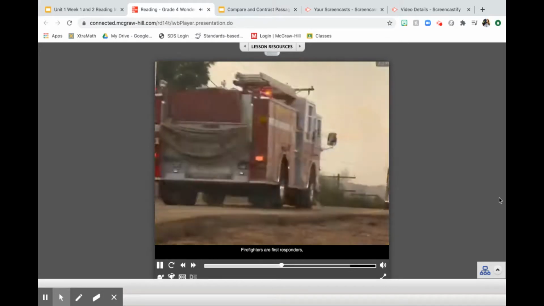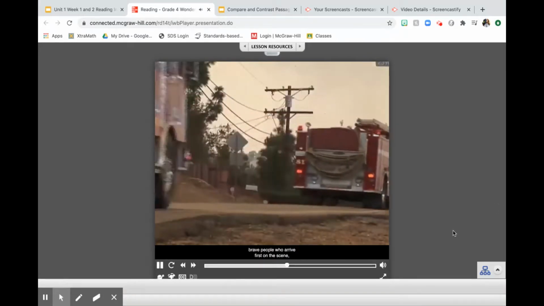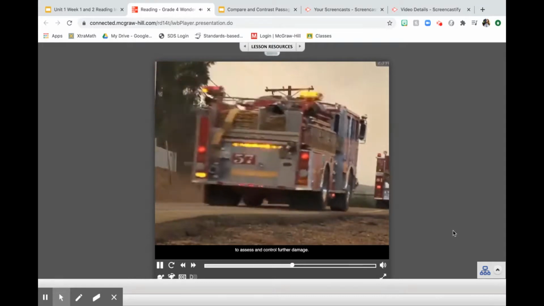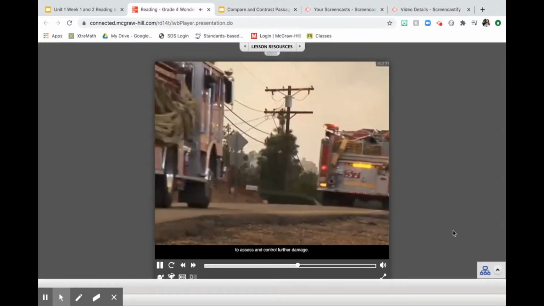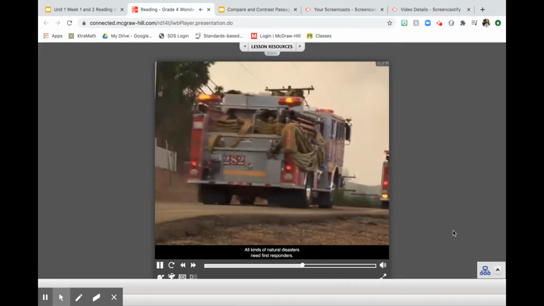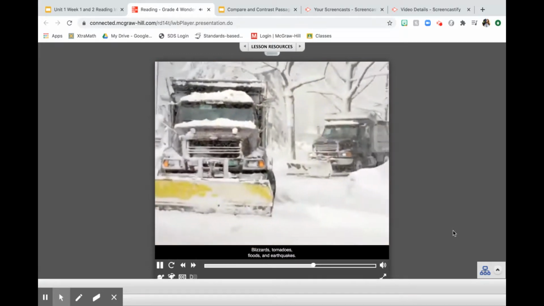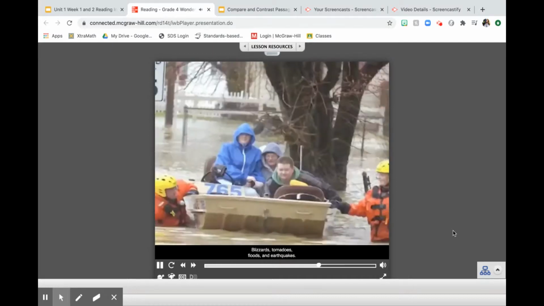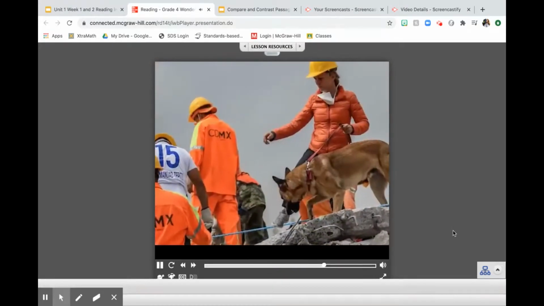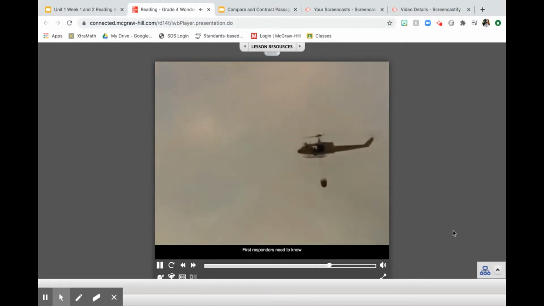Firefighters are first responders, brave people who arrive first on the scene to assess and control further damage. All kinds of natural disasters need first responders. Blizzards, tornadoes, floods, and earthquakes. First responders need to know about the dangers they might face when responding to a natural disaster. Training and experience help them to be prepared for any surprises nature might bring.